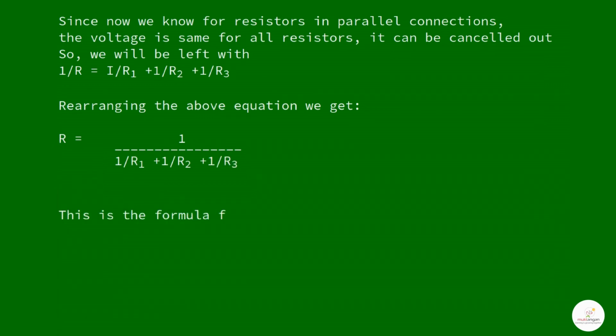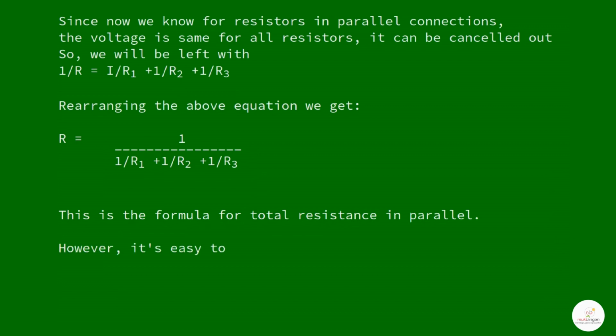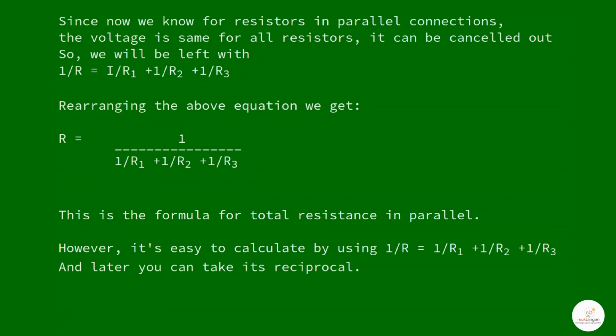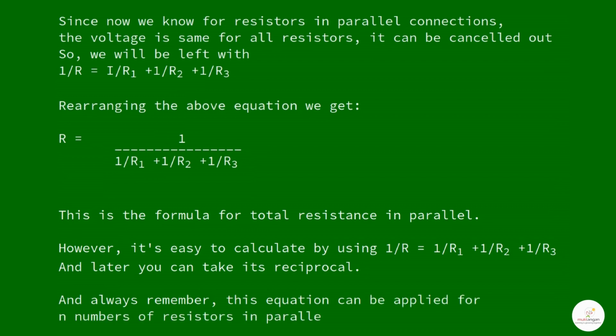This is the formula for total resistance in parallel. However, it's easy to calculate by using 1 over R equals 1 over R1 plus 1 over R2 plus 1 over R3, and later you can take its reciprocal. And always remember, this equation can be applied for n numbers of resistors in parallel.